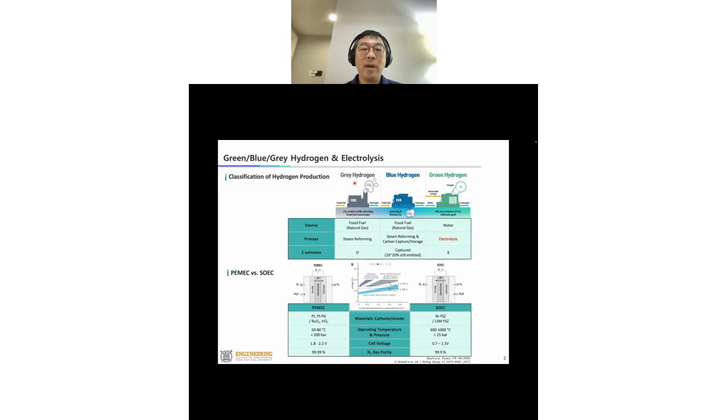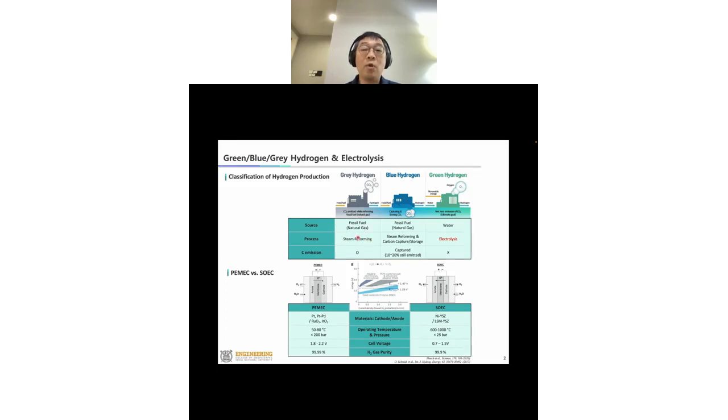Gray hydrogen means hydrogen usually produced from fossil fuel. The most common way of producing hydrogen is using natural gas, adding water or steam, and going through a reforming process with some catalyst, and then we can generate hydrogen.